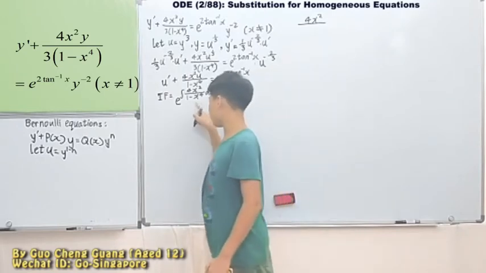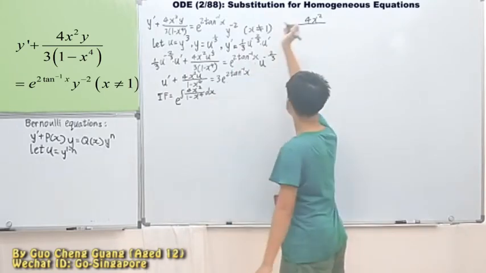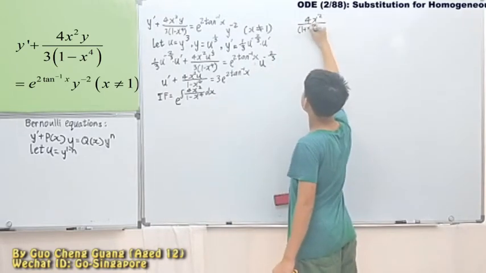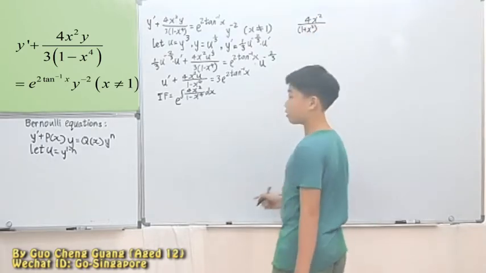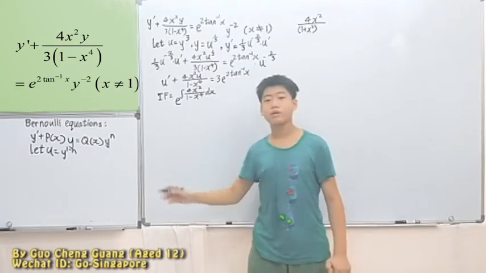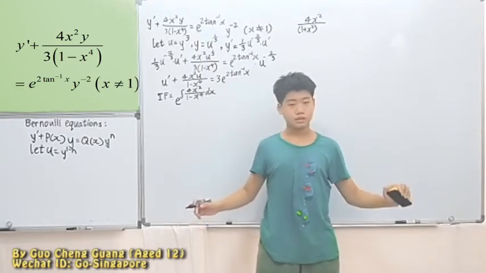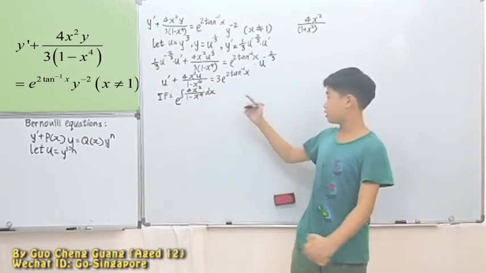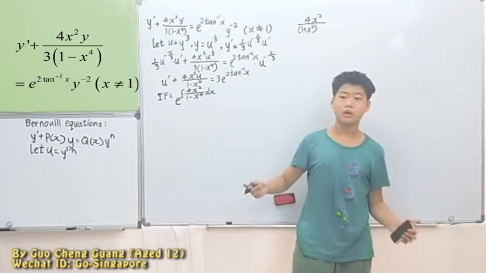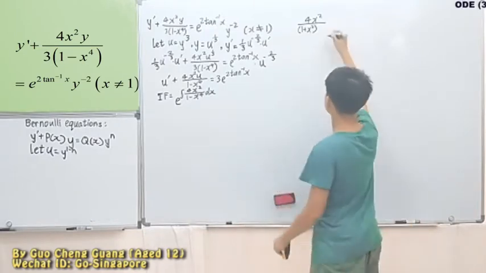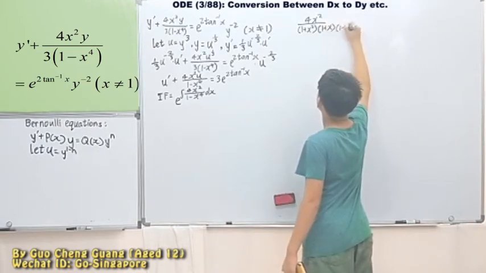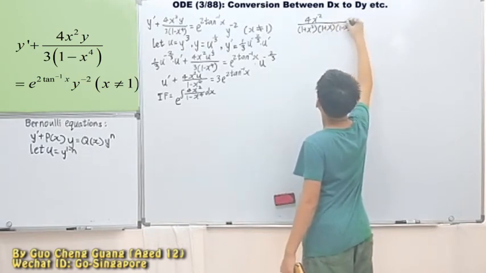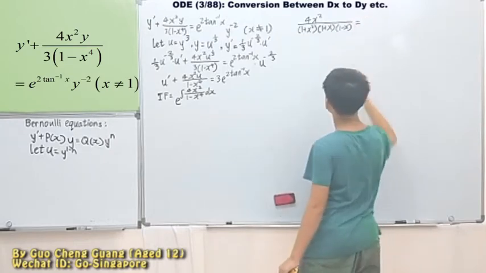So let's first factorize this denominator. One part is 1 plus x squared. 1 plus x squared times 1 minus x squared to get this. But 1 minus x squared, you can continue factorizing. Like this.